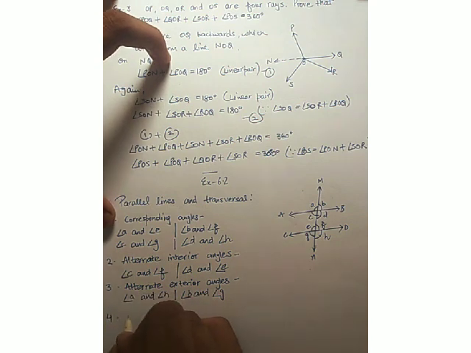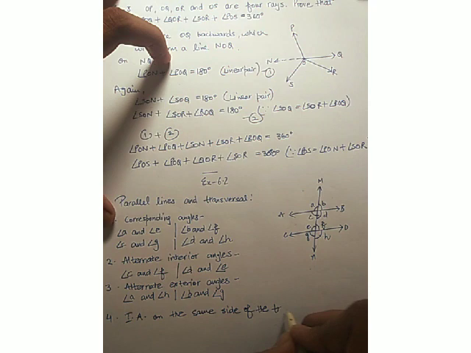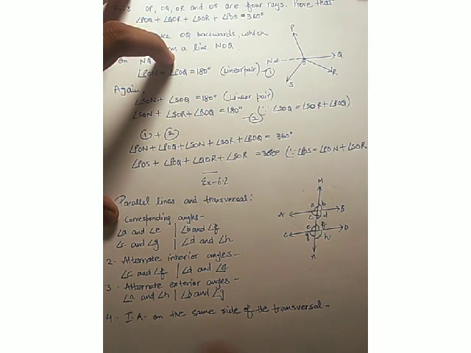The last one remaining is interior angles on the same side of the transversal. Now this kind of angle defines itself very easily. What are interior angles on the same side of the transversal?